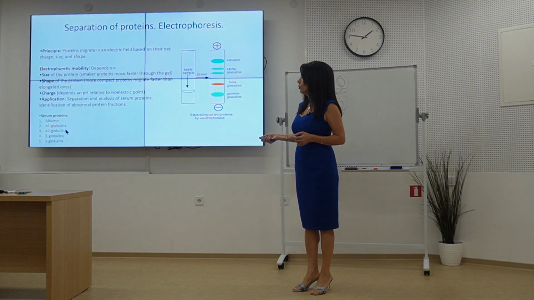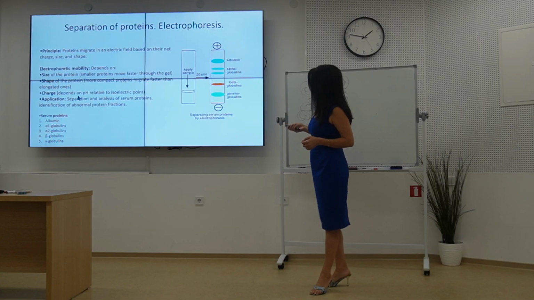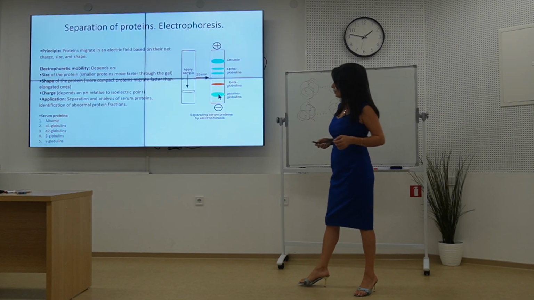Number 3, alpha-2 globulins. Number 4, beta globulins, and number 5, gamma globulins. Electrophoretic mobility depends on size, charge, and application. And here is the separation of serum proteins: albumin, alpha-1, alpha-2, beta, and gamma globulins.